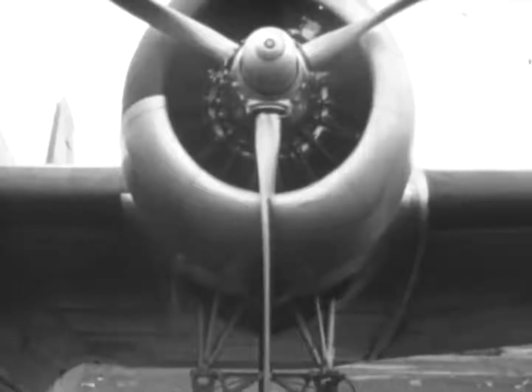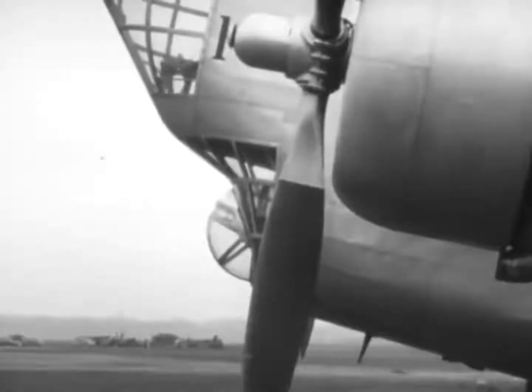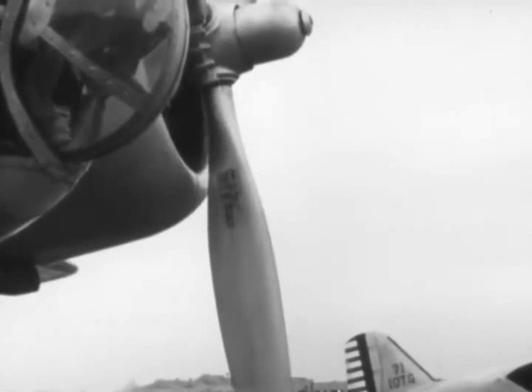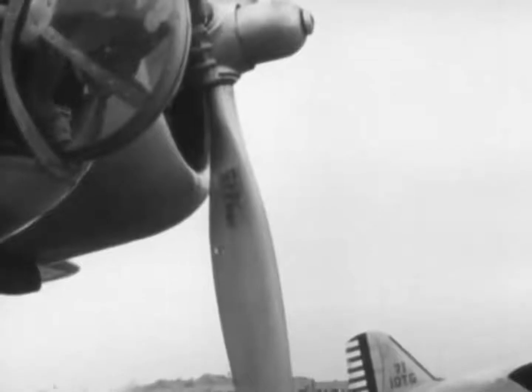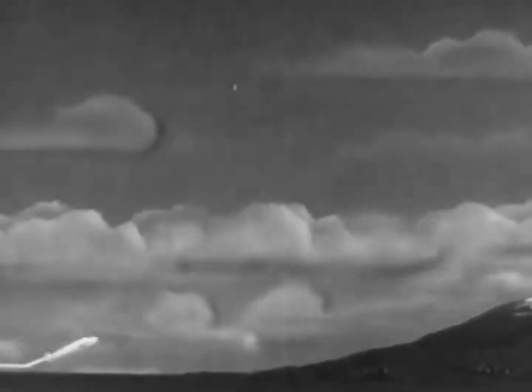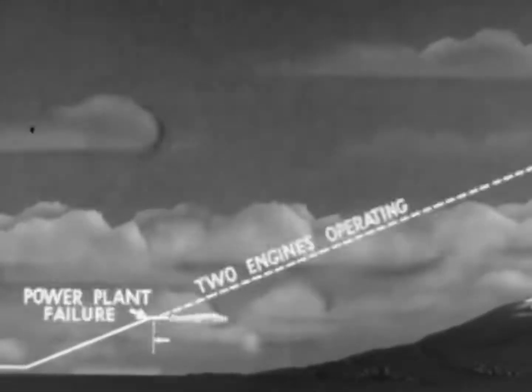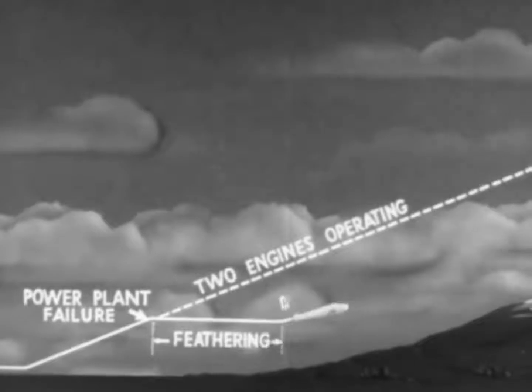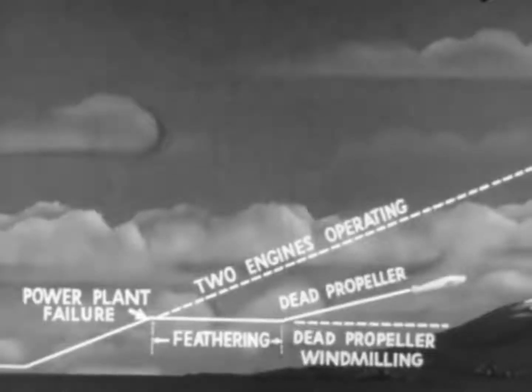The blades offer less airplane resistance and act as a brake to prevent windmilling when flight is continued on the remaining engine. In some instances, windmilling has caused vibrations sufficient to actually tear the engine from its mount. Feathering also greatly improves the ability of the airplane to hold or gain altitude on its remaining operating engines.